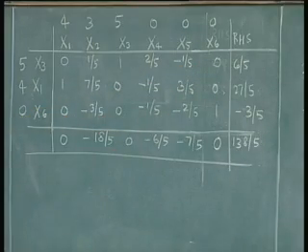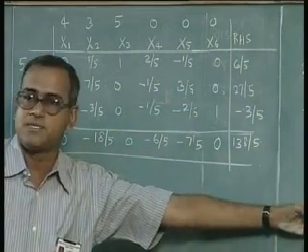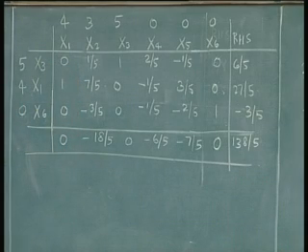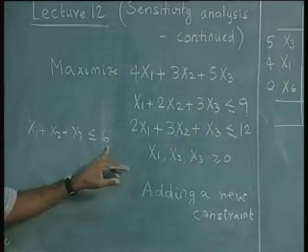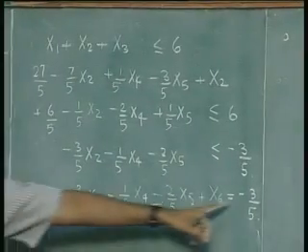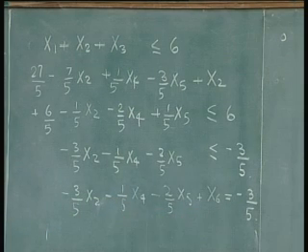So we said when a new constraint is introduced, the first thing to do is to check whether the new constraint is satisfied. Only if it is violated, we go back, write it in terms of the existing basic variables and write this equation. In case we had not checked, for example, if we had simply taken this 8 here and carried out this exercise, then we would have a positive value here, which means that the present solution is optimal.